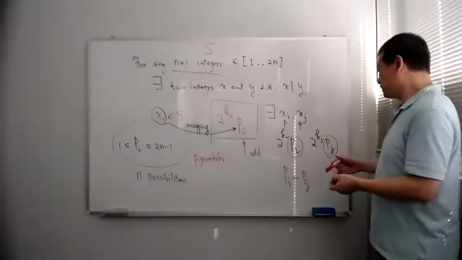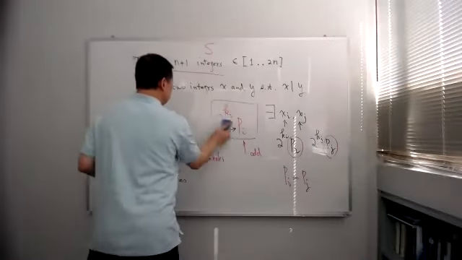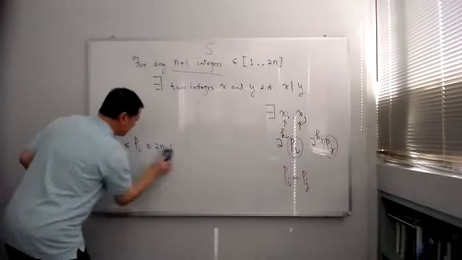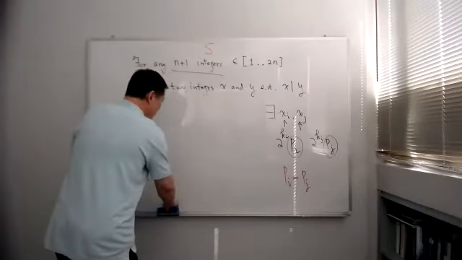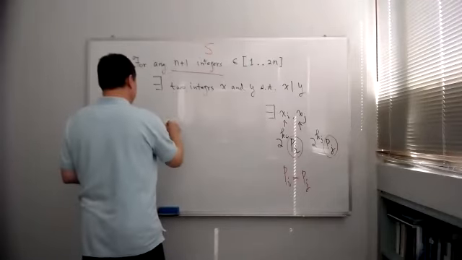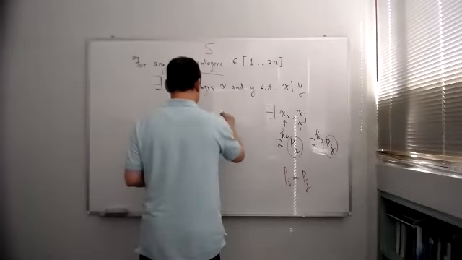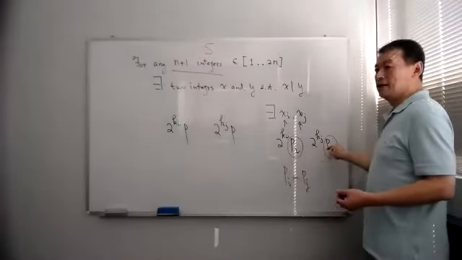Now I have two numbers of the following form: 2 to the power of k_i times p, and another number 2 to the power k_j times p. So these are the same p. All right.